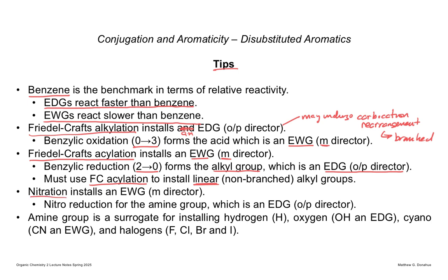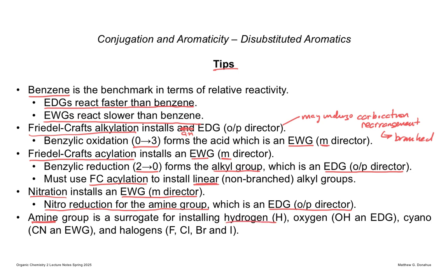Nitration installs an electron withdrawing group, meta-director. The nitro reduction to the amine switches that directing group ability to ortho-para. And really the overall thing, the amine group is a surrogate for a lot of other functional groups.